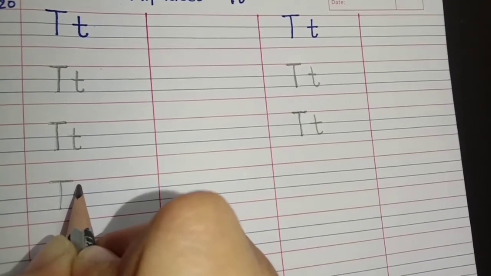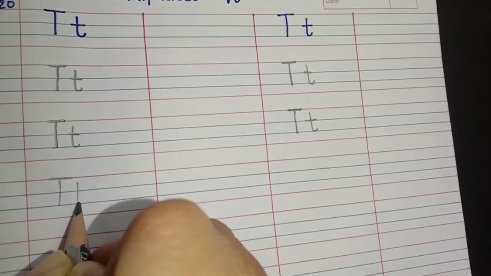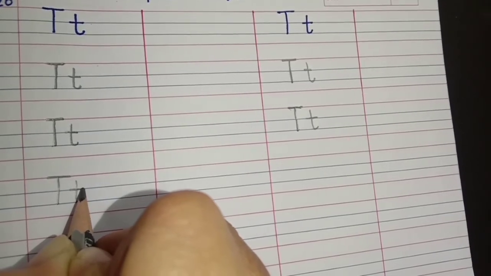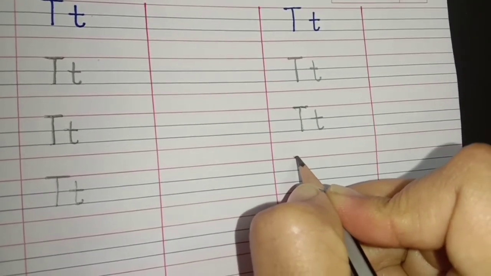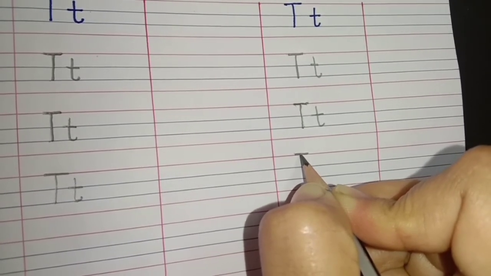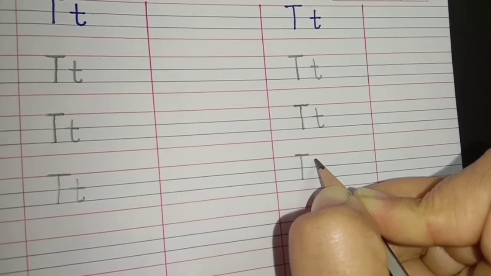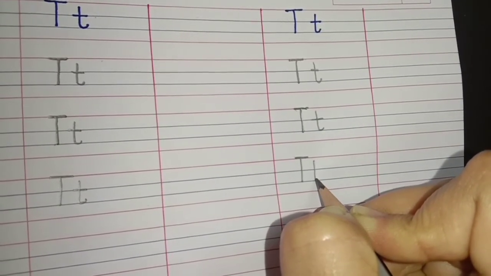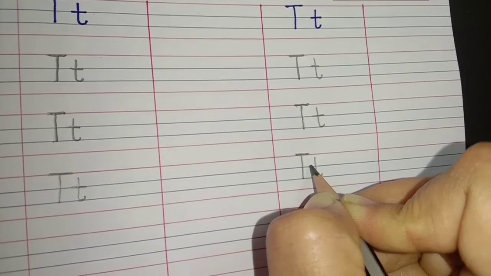For small t, leave some space, make a standing line till second blue line, make a curve on second blue line and make a slipping line on first blue line.